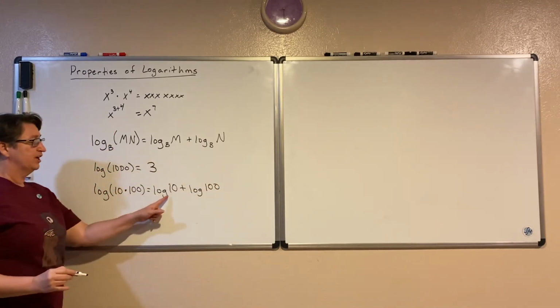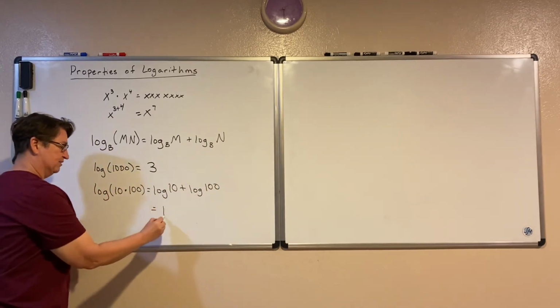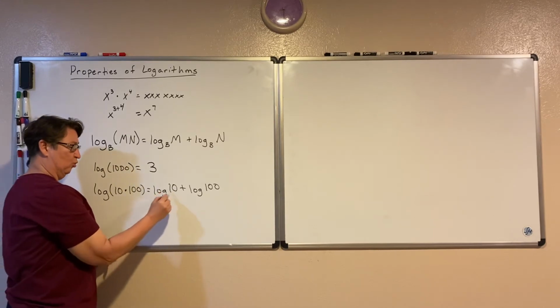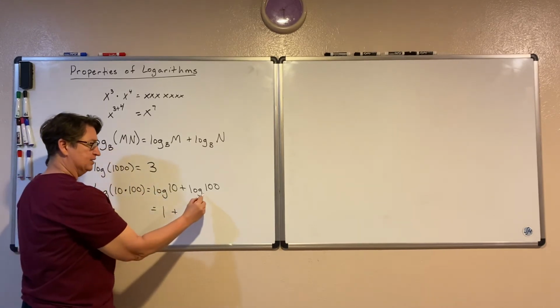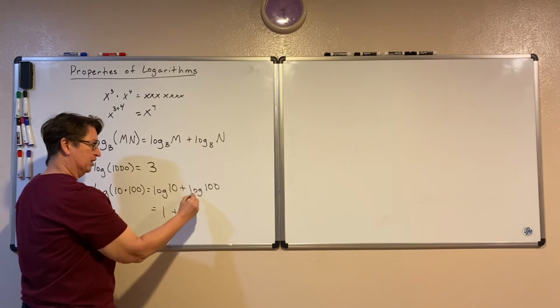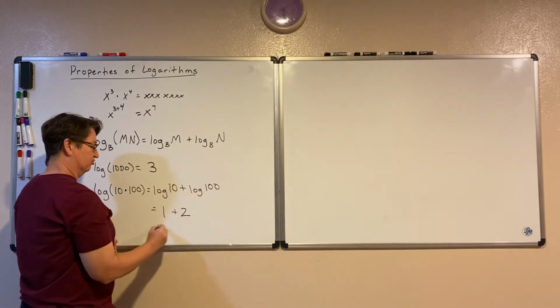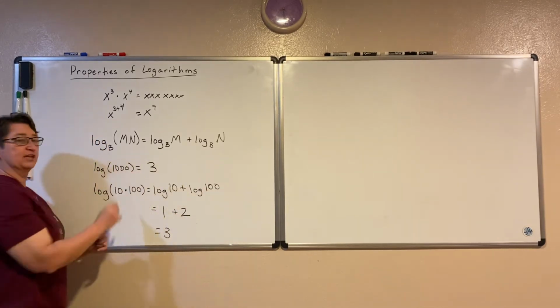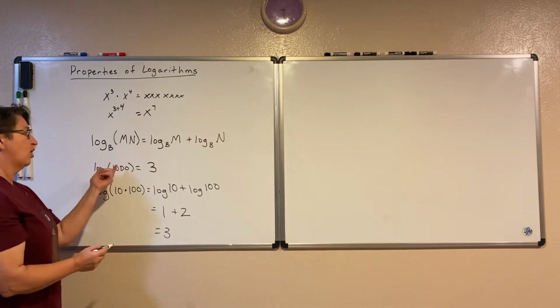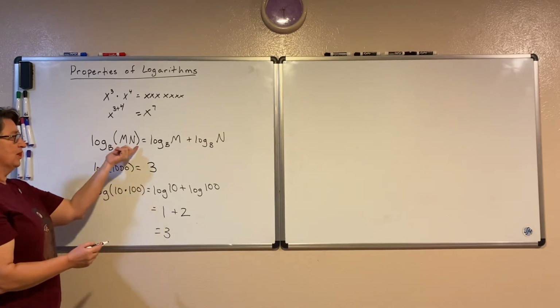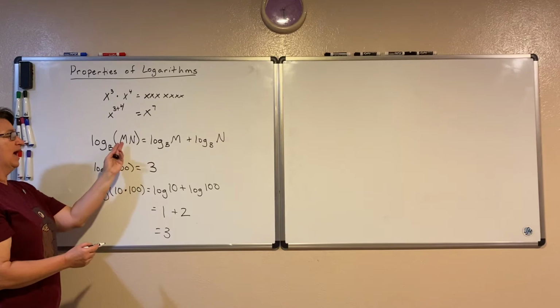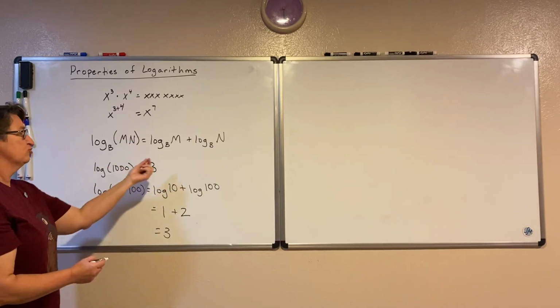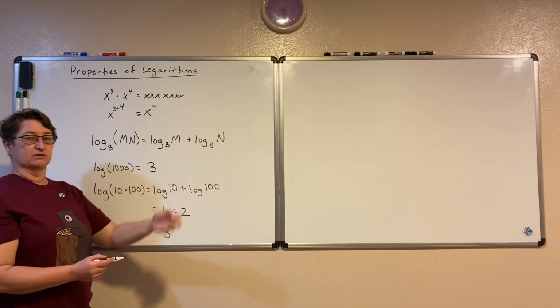And 10 to the first power gives me 10, so this is just equal to 1. And 10 to the second power gives me 100, so this is just equal to 2. And notice I end up with the same answer. So the product rule says that when in my argument I have the product of two numbers, that's equal to the sum of their logs.